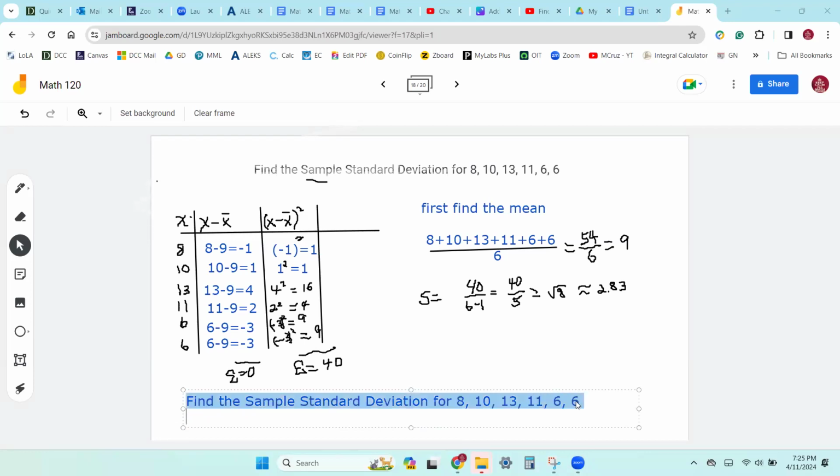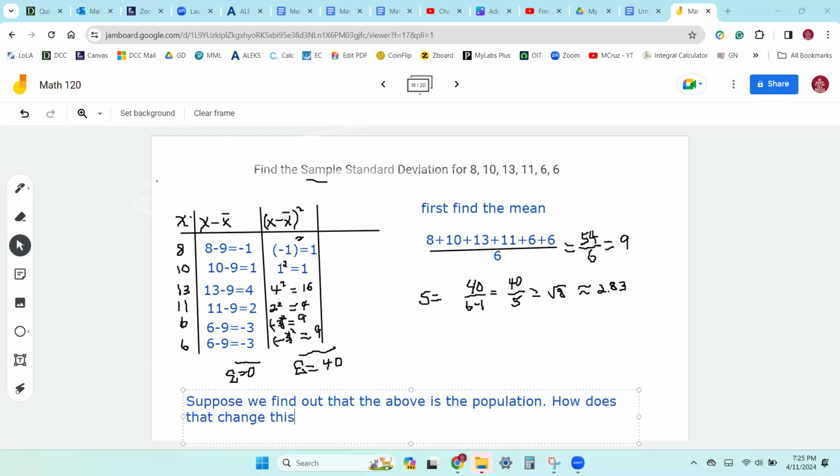Suppose we find out that the above is the population. How does that change this? Okay. So now we find out that it's a population. So we're going to just make one small change.